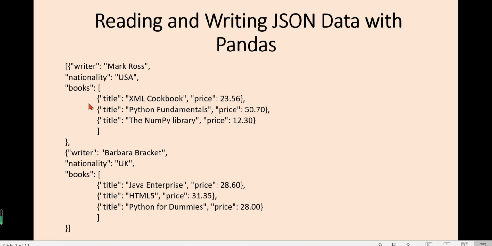You can see for each object there are 3 books, and each of these 3 books is an object containing 2 keys, title and price, with their corresponding values.